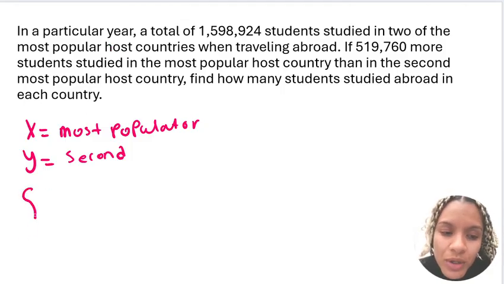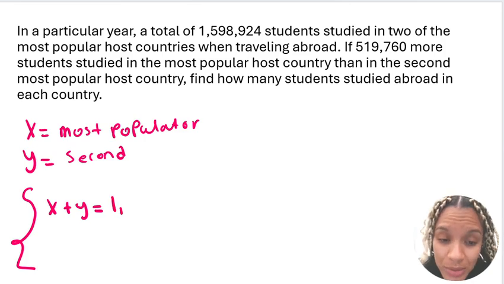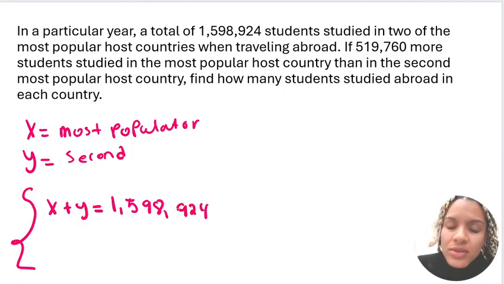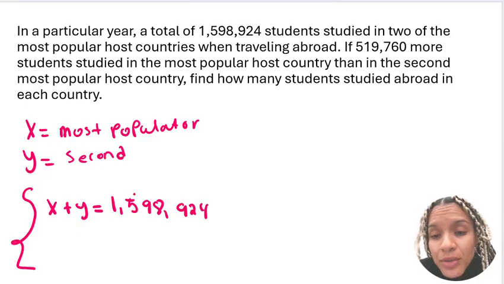So when I'm going to create my system, I do know that this is going to total this amount. That I know. I just don't know specifically what is for what. How many went here, how many went here. Okay? So that's my first linear equation.